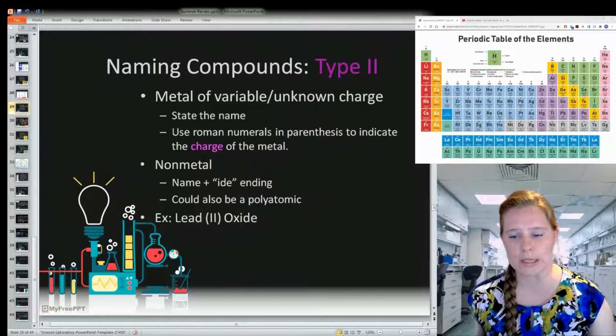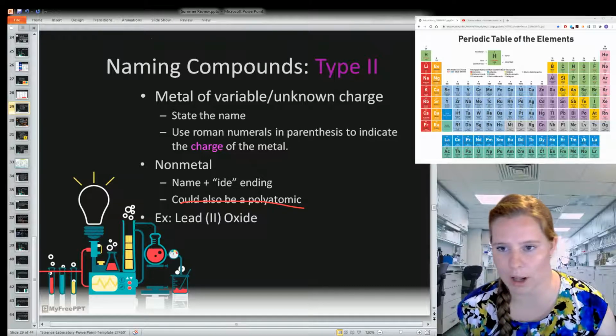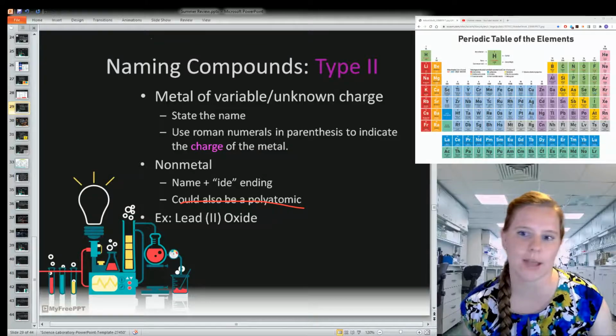So that's type 2. And these, again, the ending can also be a polyatomic. So let me give you an example of that.